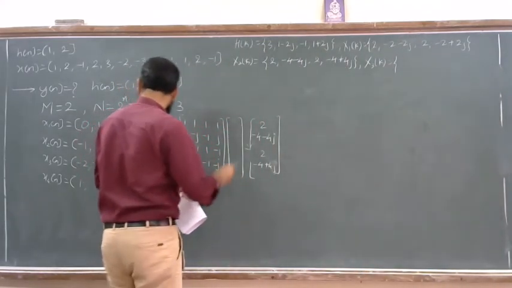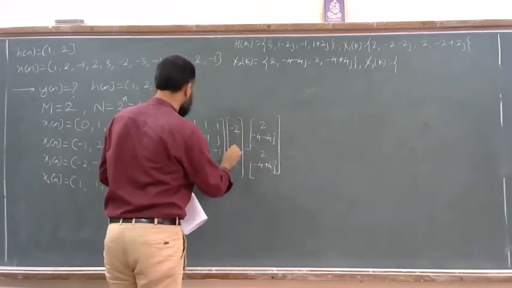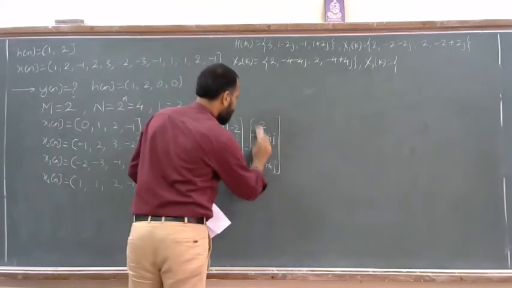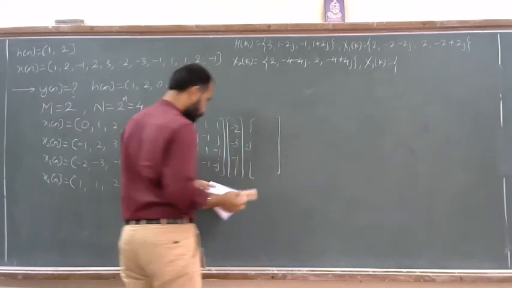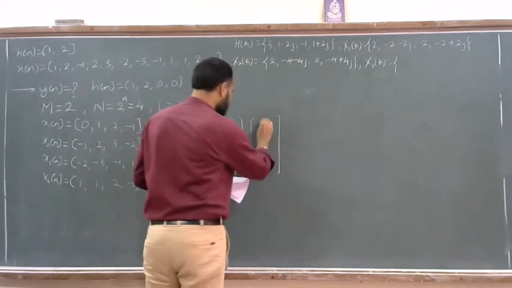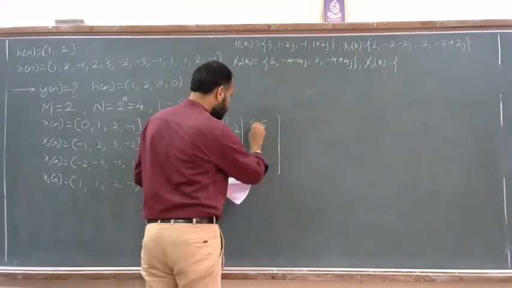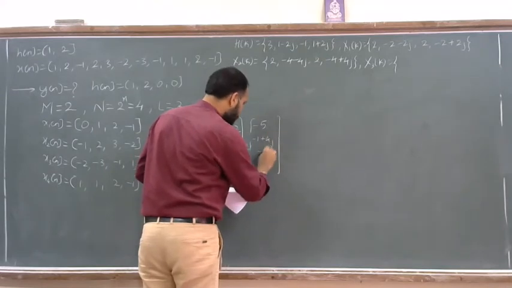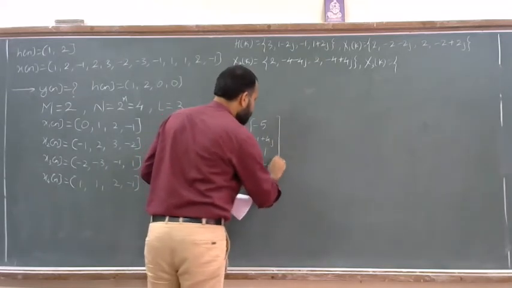The third segment's input data are minus 2, minus 3, minus 1, 1. Okay. And its 4-point DFT will be minus 5, minus 1 plus 4j, minus 1, minus 1 minus 4j.